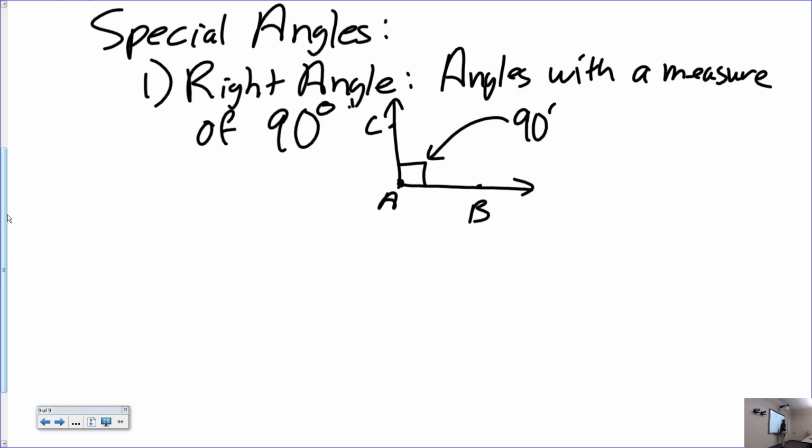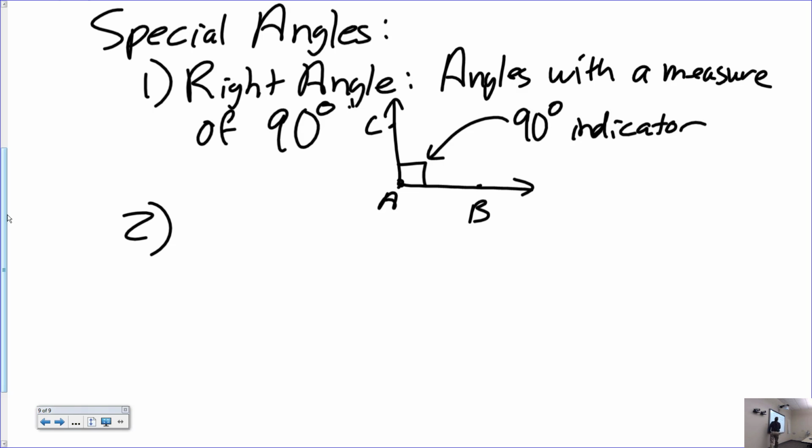If you ever see an angle that's got a little box drawn in the corner, that's the way a person is telling you that angle is a right angle. It's exactly 90 degrees. Not 91, not 89, not 89.9 or 90.1. It's exactly 90 degrees.